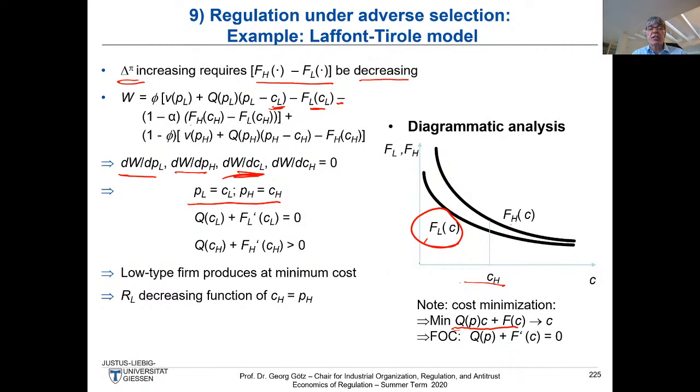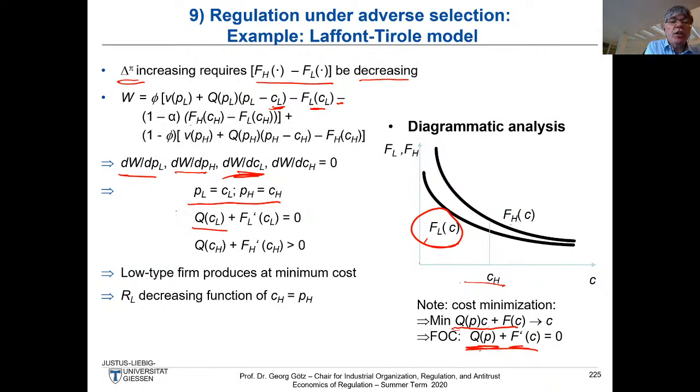This is nothing else than that you want to minimize cost. And you want to minimize cost given some output, and you minimize it by choosing C and knowing that if you increase C, F will decrease. And the first order condition is simply that if you take the derivative with respect to C, you see if you increase C by one euro, I think we already did that previously in the second chapter or so, you get higher cost in terms of Q, but at the same time you save investment cost because it's downward sloping.